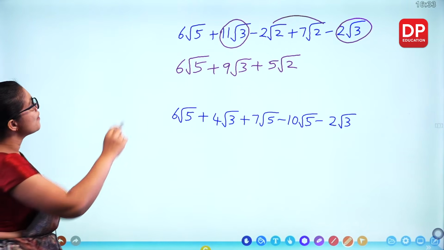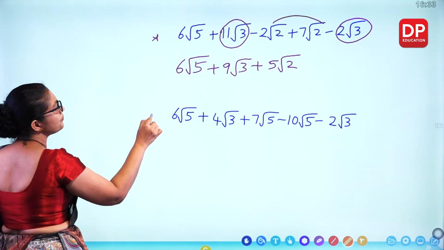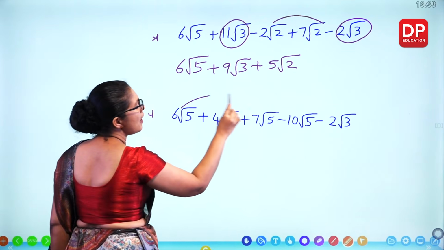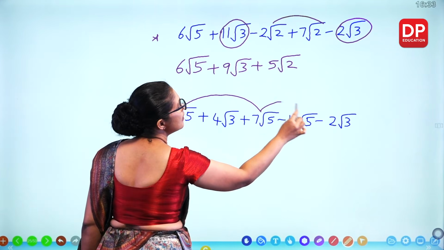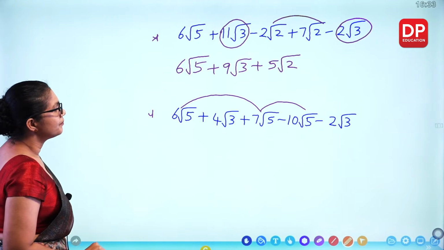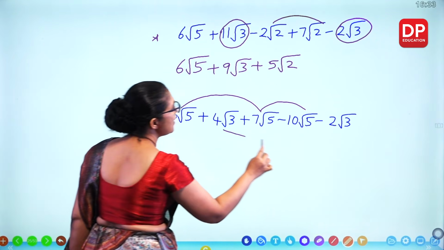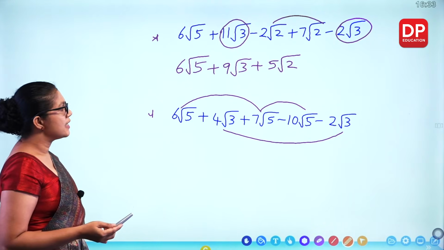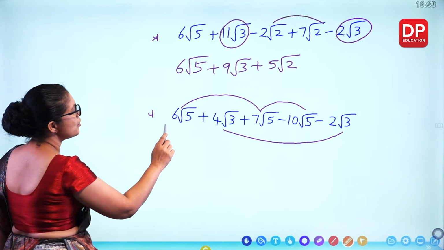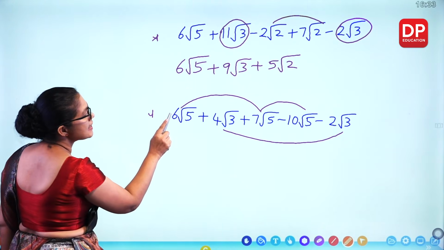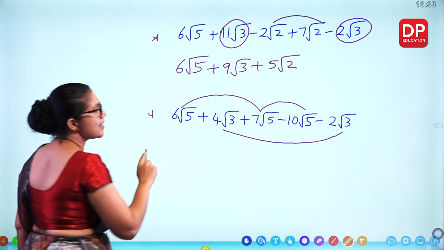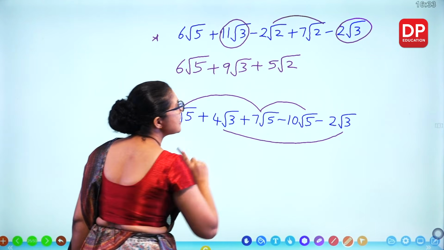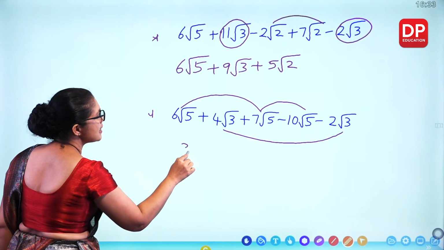What about the other one? Next one. What are the like terms? 6 root 5, 7 root 5, 10 root 5. The other one we can simplify these two, 4 root 3 and 2 root 3. So here what we can do, root 5 values, 6 plus 7, you get 13. 13 minus 10, you get 3.